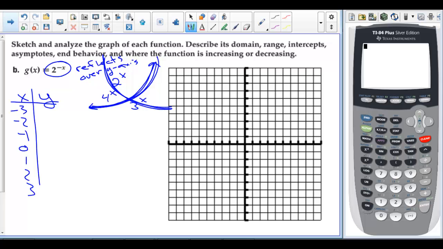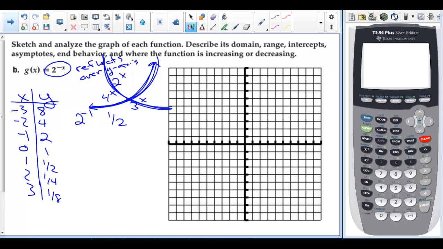But you're going to see in the end, it just reflects over the y-axis. Because 2 to the -(-3) is 2 to the 3. That's where you get the 8, the 4, the 2, the 1. And then when you plug 1 in, you get 2 to the -1. That's a half. So here's where you get a half, a fourth, and an eighth.